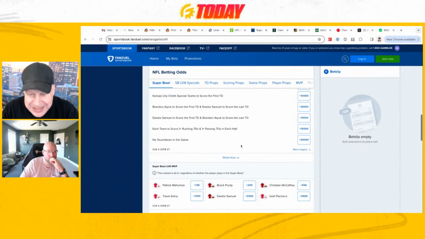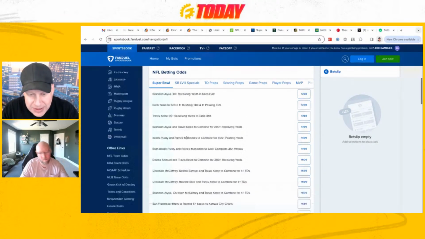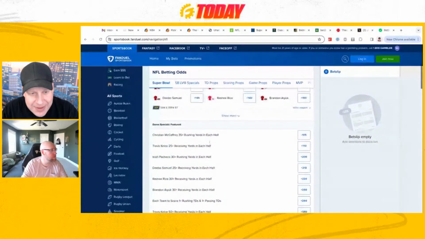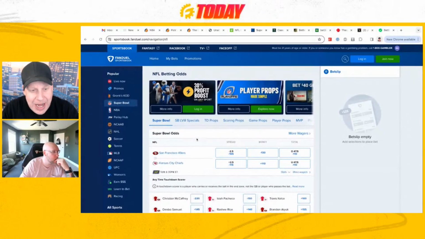There are a lot of these things where they're combining a lot of things together. It's quite possible that things may be more correlated than the books think they are. Now, I don't think you can get these types of props on FanDuel or DraftKings, but these are the types of things I would be thinking about.